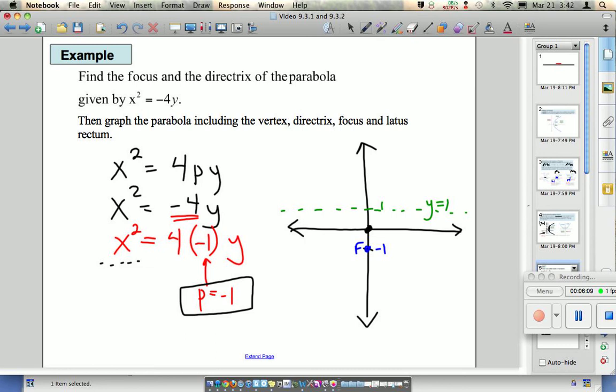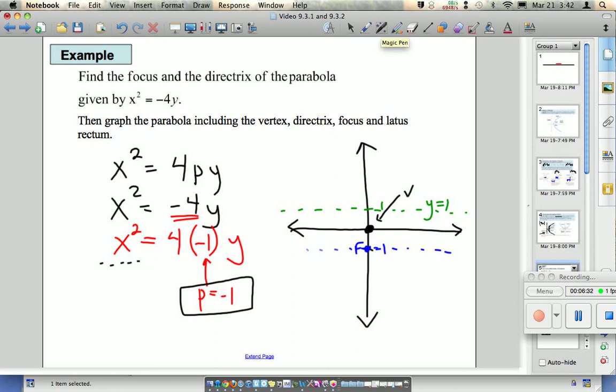Okay, the last thing that I'm going to do is find the additional points that are at the edge of the latus rectum. I have this point right here, that's the vertex. But I also need 2 more points in order to draw my curve. I know those 2 points will be somewhere along this line here, which is the line at the focus. I just need to know where along that line.